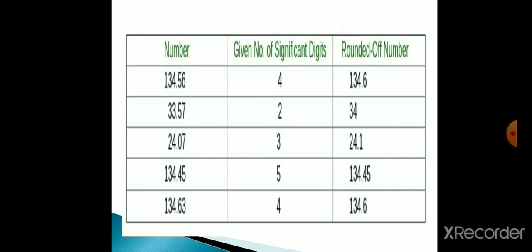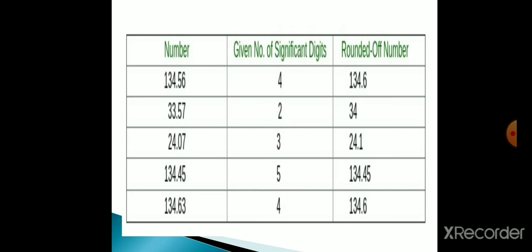In the next example, 33.57, which is rounded off to 2 significant figures, we get 33 and the dropping digit is 5. Since the digit 3 before the dropping digit is odd, we will have to add 1 to this 3.